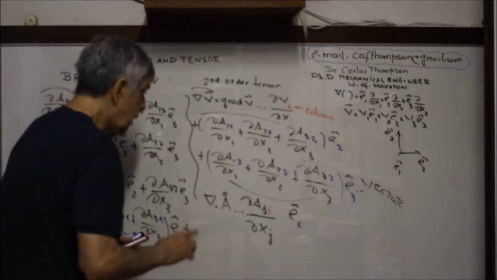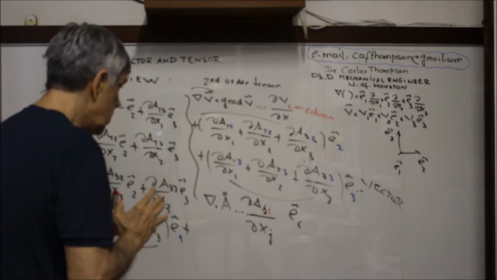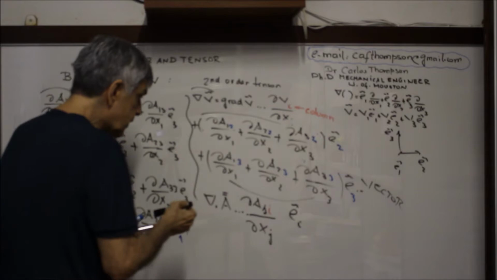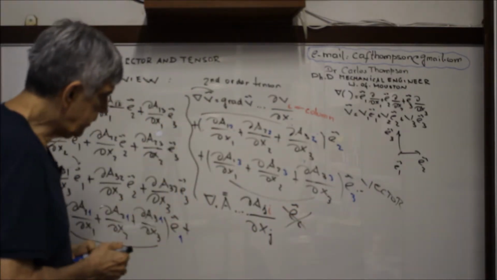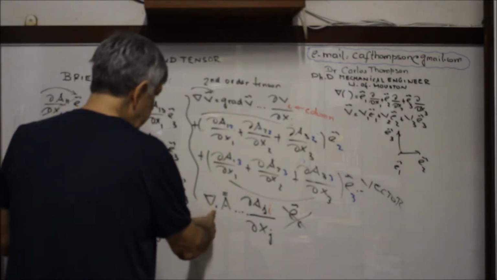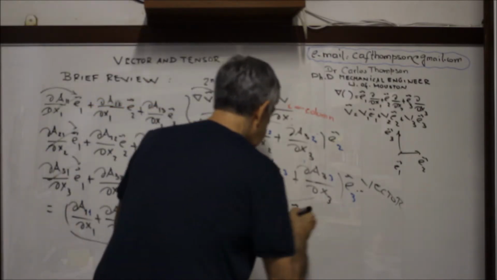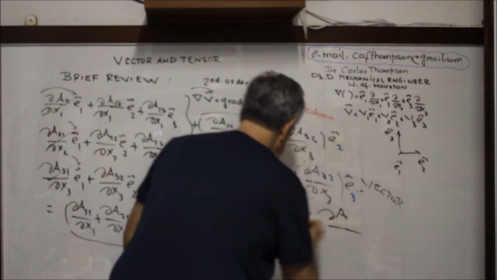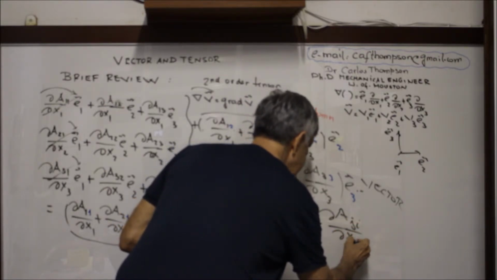Now, as we know the notation, we forget the unit vector, and the components of divergence of A will be like this: partial of Aji with respect to xj.